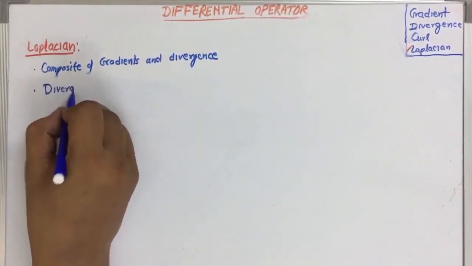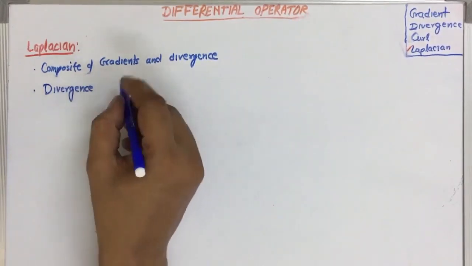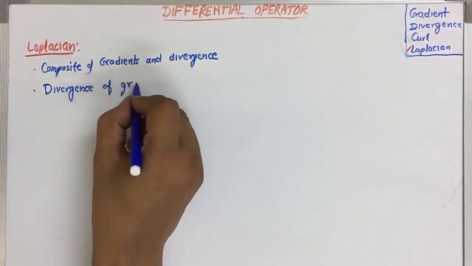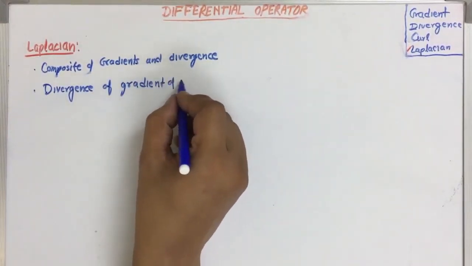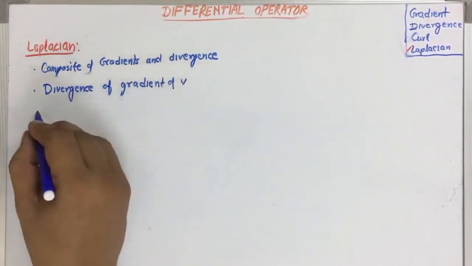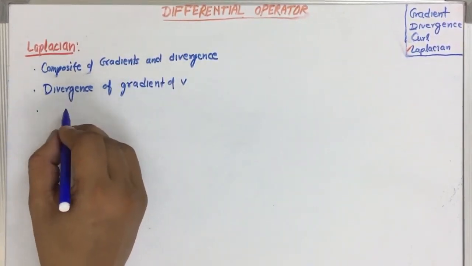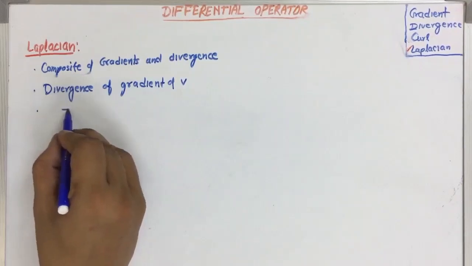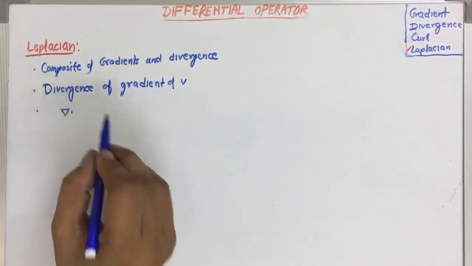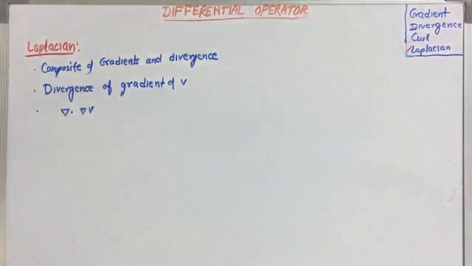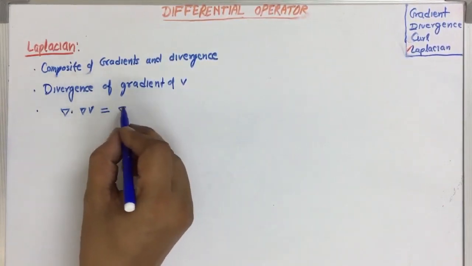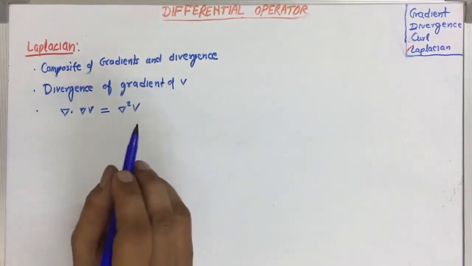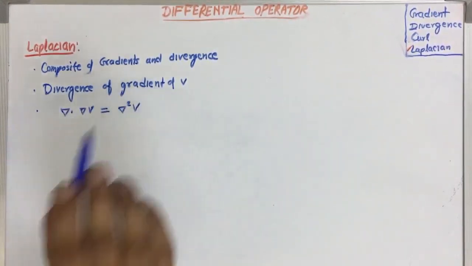divergence of gradient of a field. So what we can write in notation form, divergence of gradient of V, and further it can be simplified as del square V. This is Laplacian.